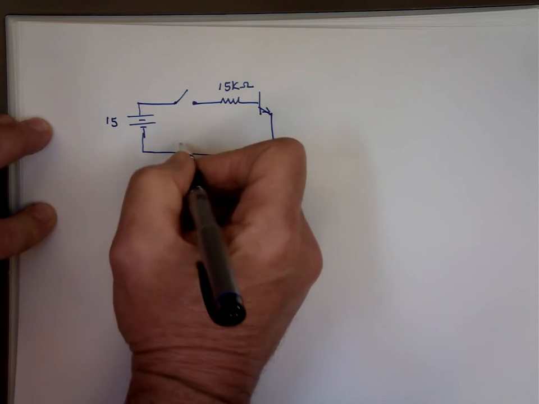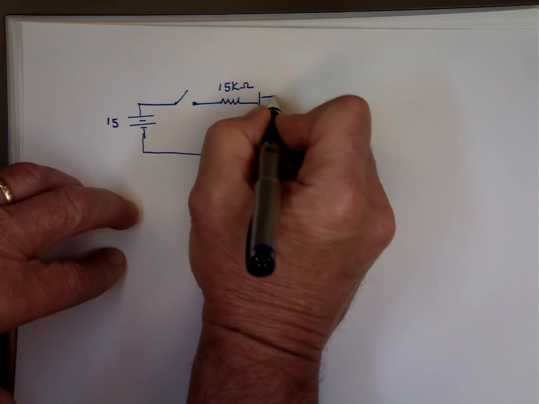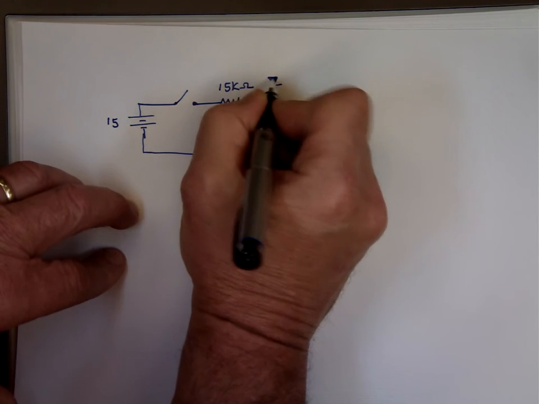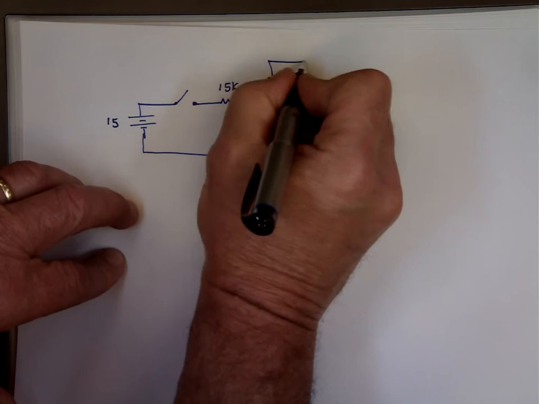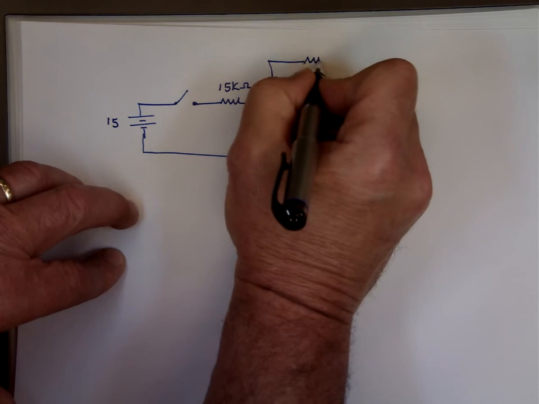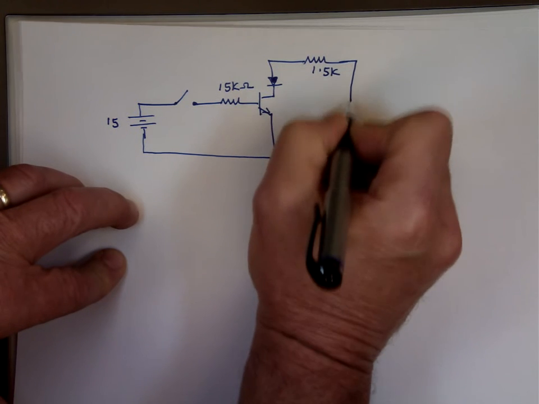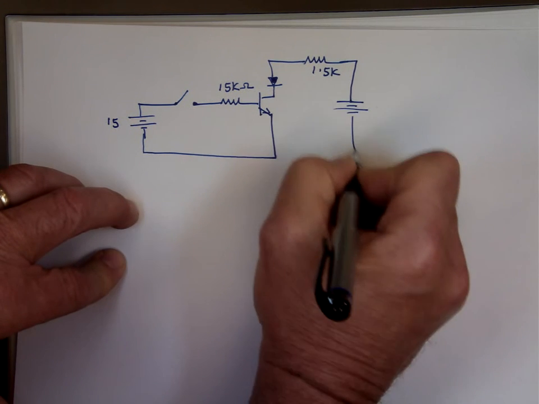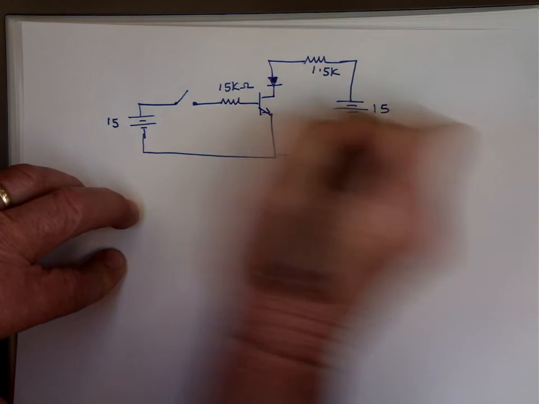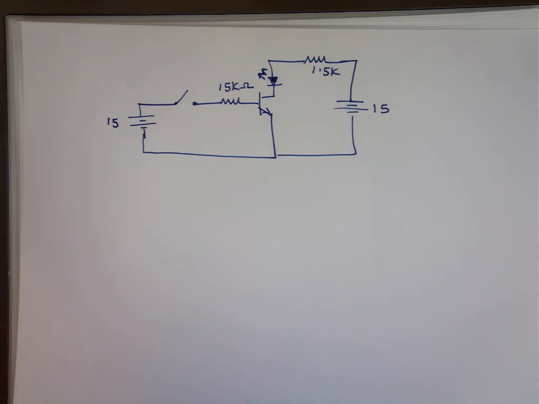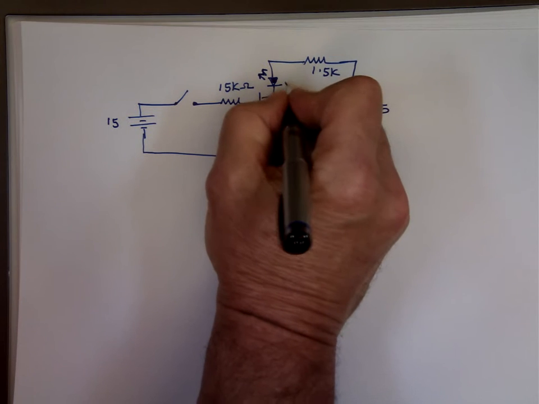And now here I'm going to put an LED. 1.5K, and let's put a 15 here. And again, this LED lights as the current goes through it. There's the light, emitting the light. And let's assume this LED has a voltage of 2 volts when it's on.